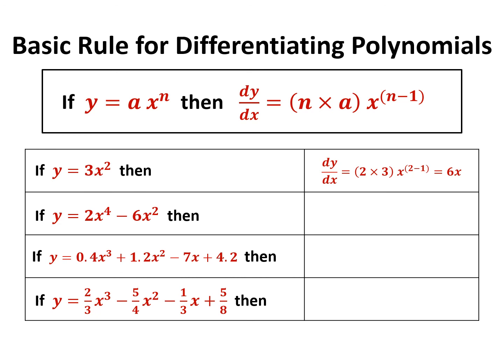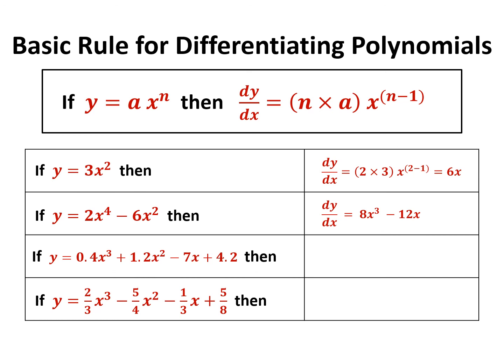Next one, y equals 2x to the power of 4 minus 6x squared. If you follow the pattern, it's going to become 8x cubed minus 12x.